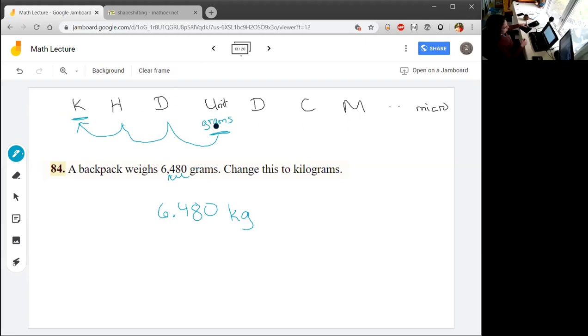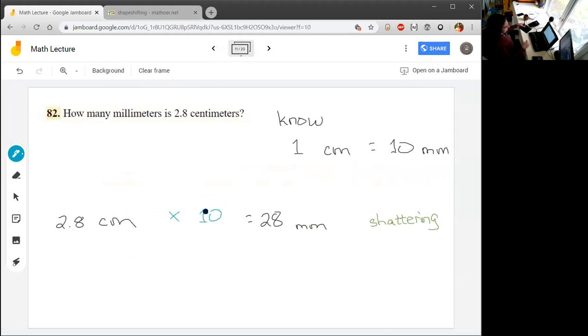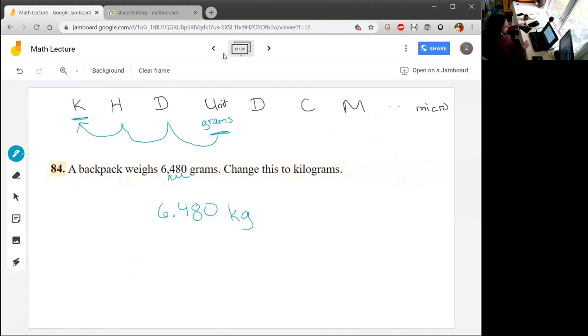Yes, this is a good way to do your homework. We will learn some types of problems that this doesn't cover, just like in the previous thing we did. We don't know yet how to get all the way from inches to miles without getting confused. But for a lot of problems, this saves you from having to write all these times 10s or times 100s and figure out, am I dividing, am I multiplying?